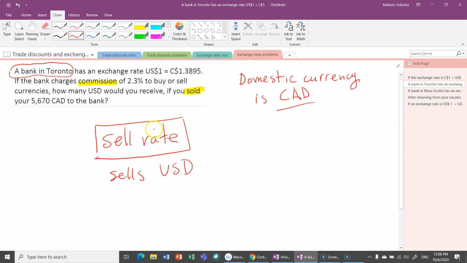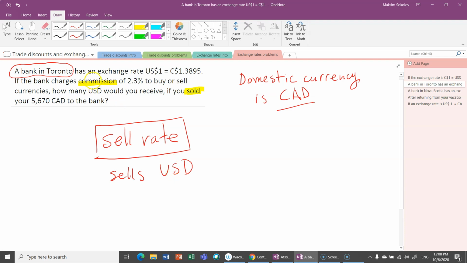It's very important to understand this. So you say that you sold 5,670 Canadian to the bank, but in reality, and what is very important, is that the bank actually sold USD to you, because the bank is in Canada and Canadian dollar is the domestic currency, which can pay for or buy another currency.